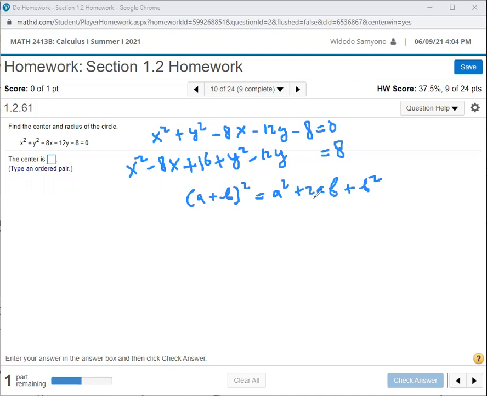So that means you have 2, and the a will be the x, right? And then what is the b? So the b will be, if you have 8 here, so the b will be 4, right? Or negative 4, right? Yeah, so the b is negative 4 here in this case, right? So that means the b squared here will be negative 4 squared, so it's about 16. Okay, does it make sense?